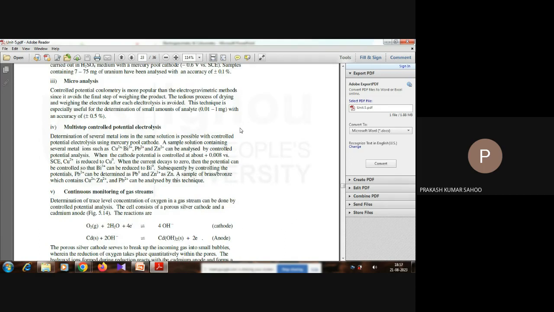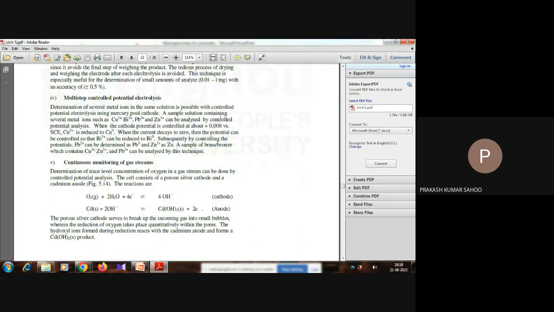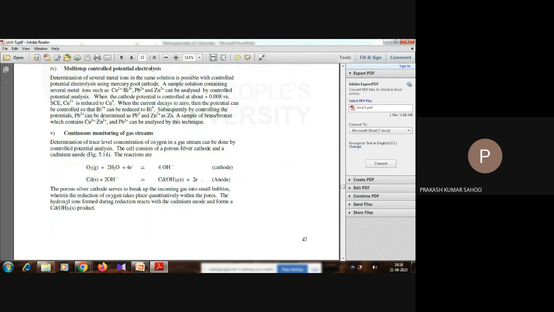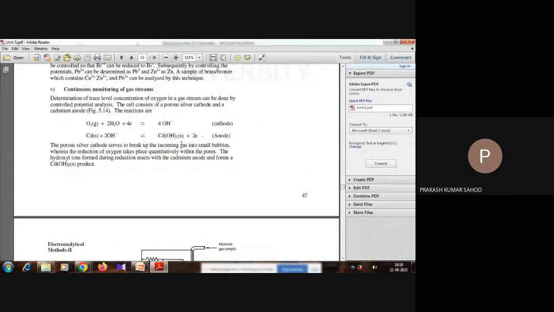Microanalysis can also be done, that is analysis at the micro level, 0.01 to 1 milligram. Then multiple controlled potential analysis, multiple steps: copper can be separated, followed by bismuth, lead, zinc, depending on their reduction potential. Then continuous monitoring of a gas stream can be done.